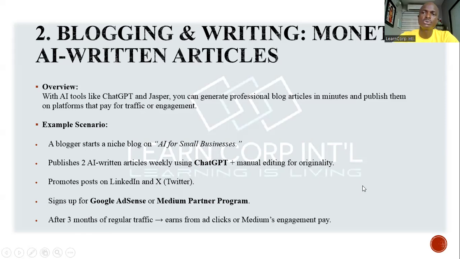Now, Google AdSense is a paid platform whereby it promotes the content you put. It places it where it will be seen by the kind of people that need that kind of content. And then also Medium Partner. Let's just take a look at them and see what they look like and what they can do.